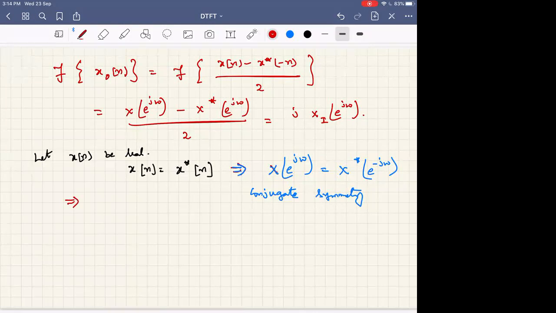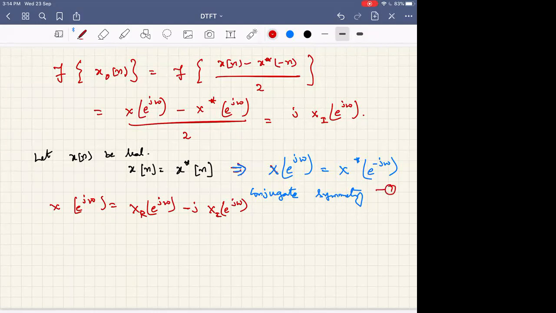I will split this as X of e power j omega is equal to X real of e power j omega minus j times X imaginary of e power j omega. Let this be 1.